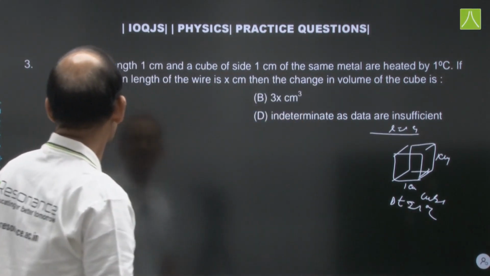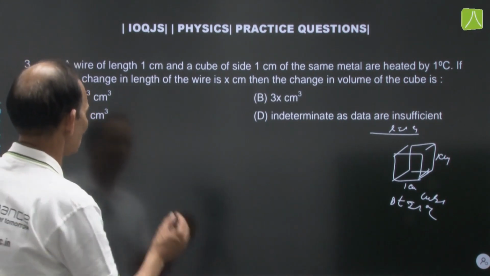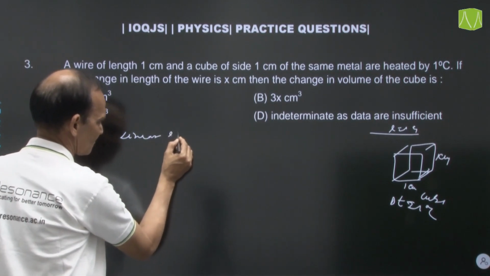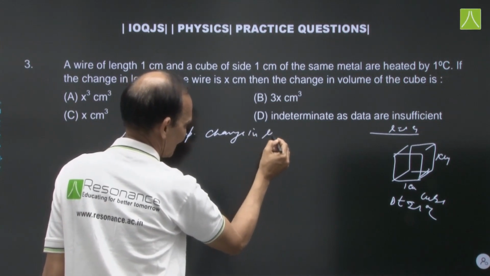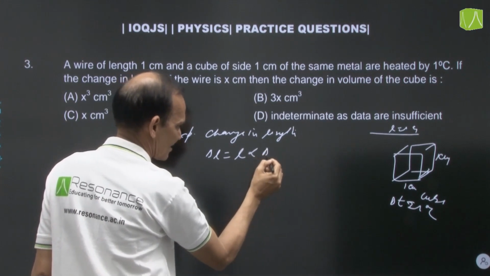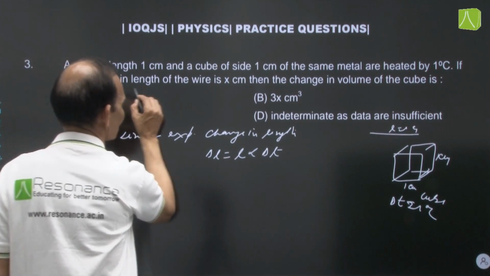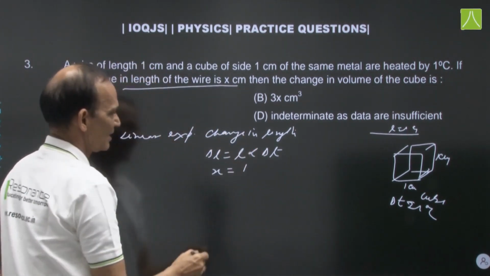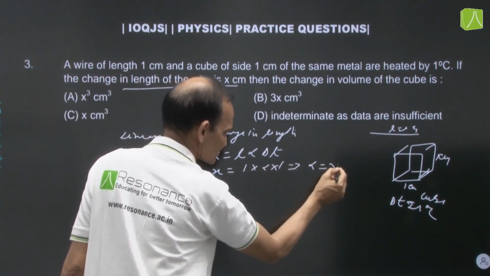Change in length of the wire is x. We know that in linear expansion, change in length delta L is L alpha delta T. Change in length is given as x, L is 1, delta T is 1, so the value of alpha is x.